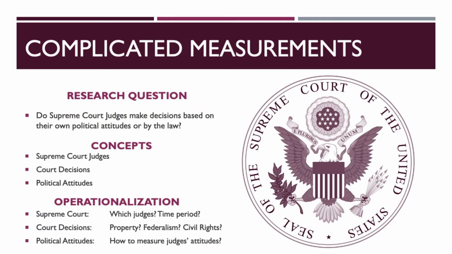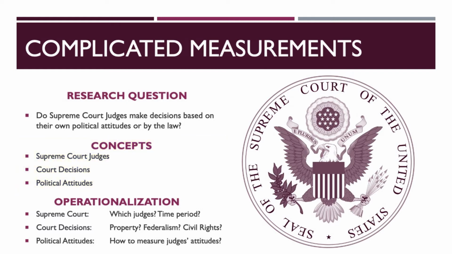So first, our unit of analysis is Supreme Court judges. What we're really interested in are the decisions that they make. That's the dependent variable. And here the statement is arguing that perhaps political attitudes of the judges, that has some impact on the dependent variable, which is court decisions.